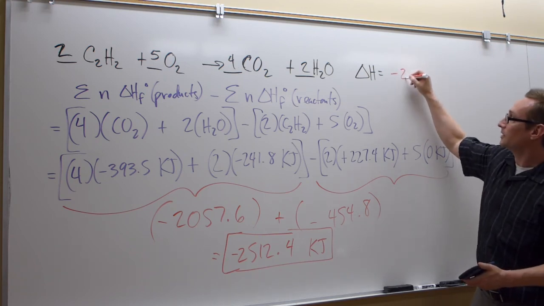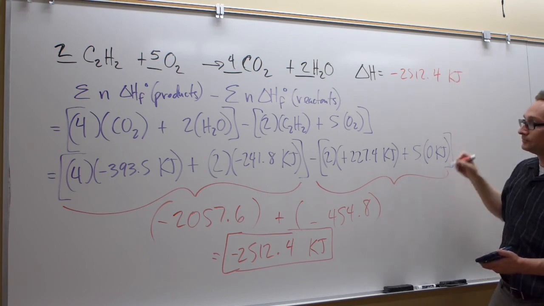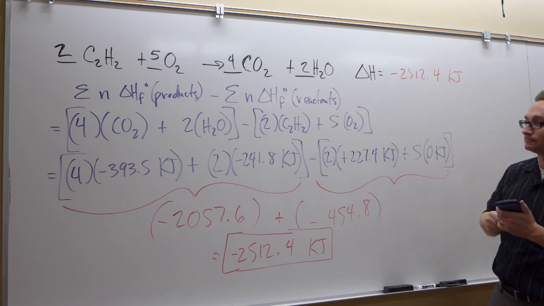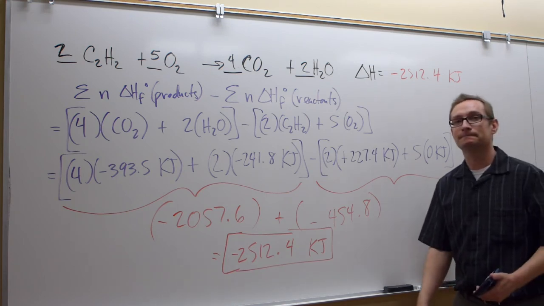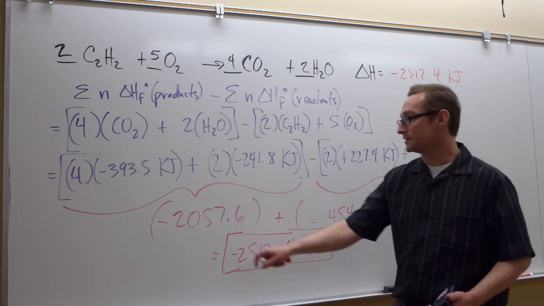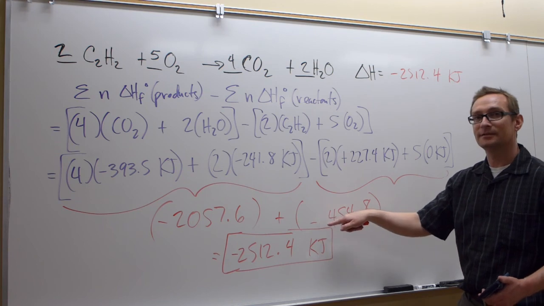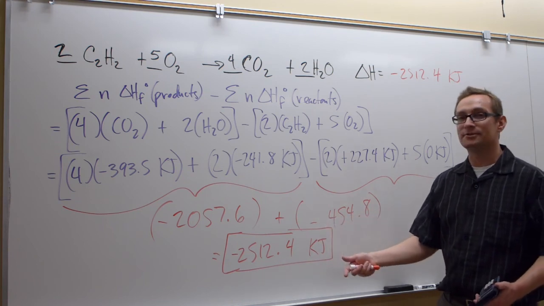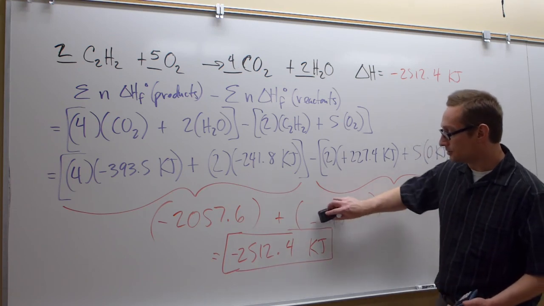Okay, so negative 2512.4 kilojoules. All right. Did you mean to put subtraction between those two values? Well, it's this negative number plus this negative number here. It is minus. So you're kind of adding two negatives together, basically, right? Let's do it this way if you want.